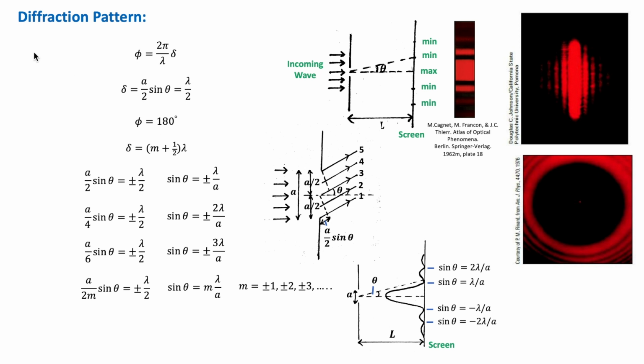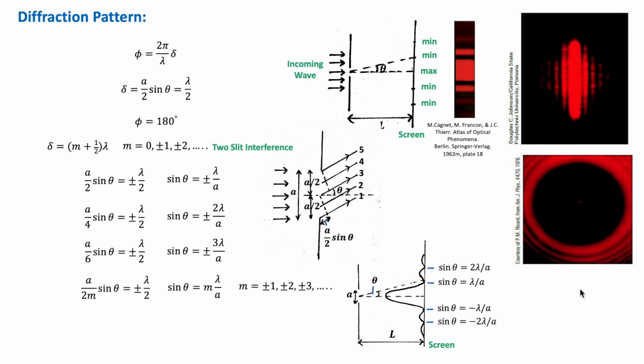Using this equation, you can see that if the path difference is equal to lambda over 2, then phi is equal to 180 degrees and destructive interference results. And so the condition for destructive interference is that the path difference is half a wavelength or any integer number of wavelengths plus half a wavelength.